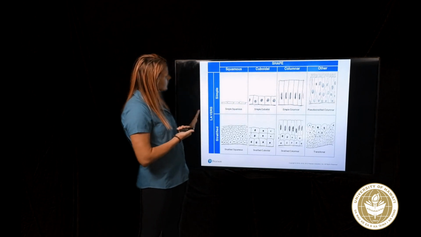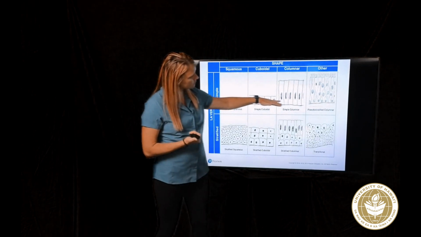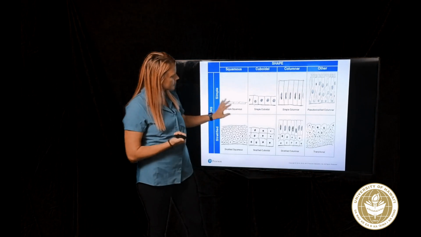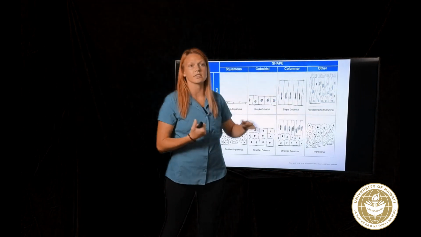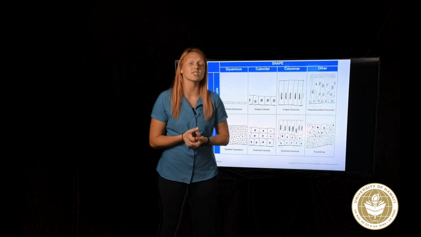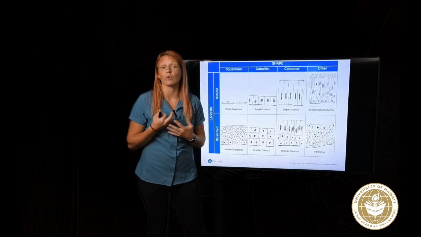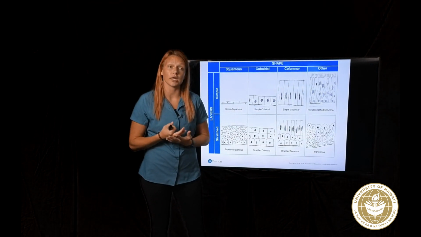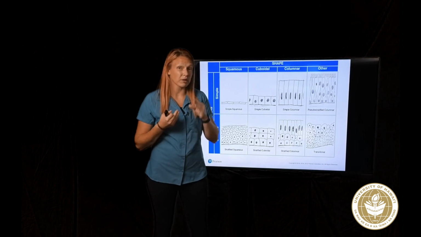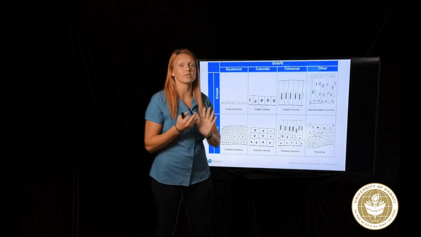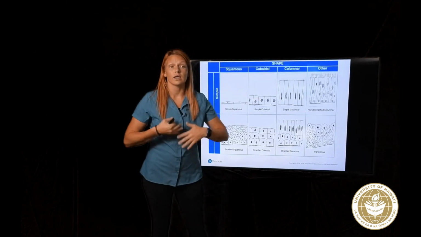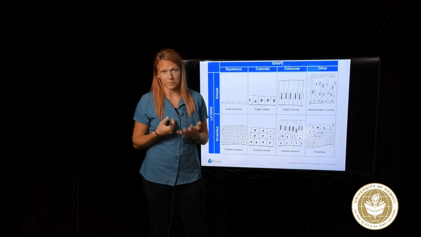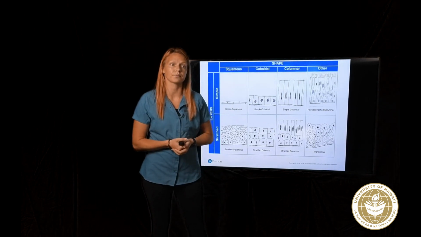All of these up here are simple, and you can see how there's just one layer, right? That's what simple means. These are typically going to be found in areas where absorption, secretion, and filtration occur. And that's why we want just one thin layer, so that we can have an easy route for that absorption, filtration, and excretion.